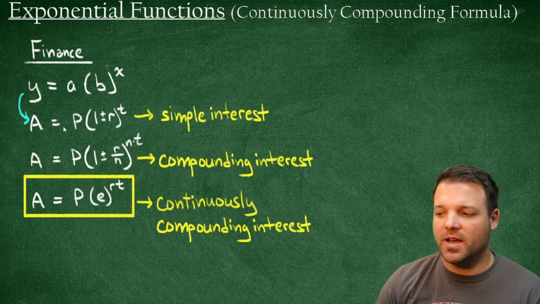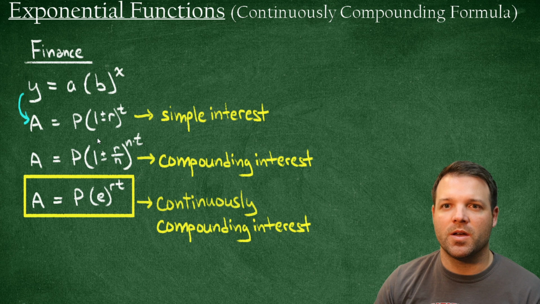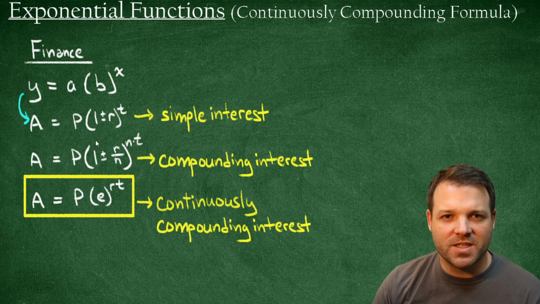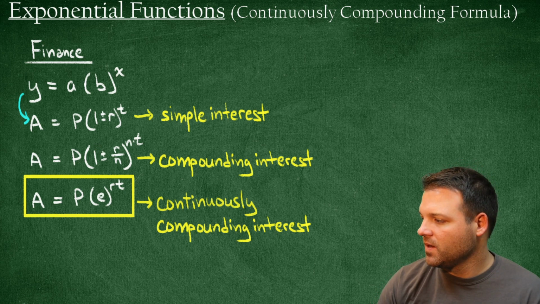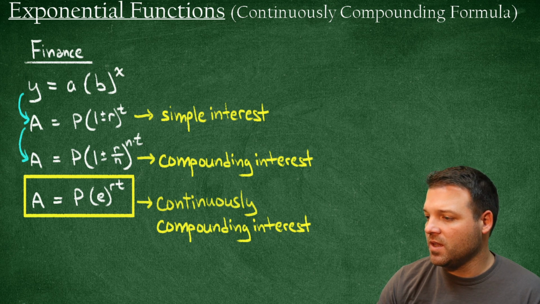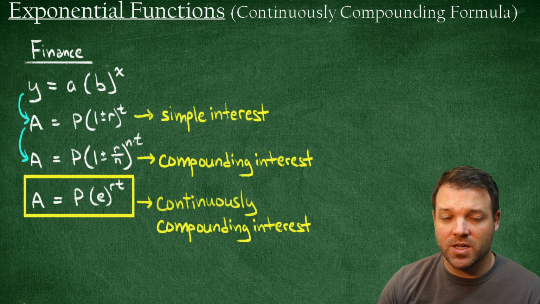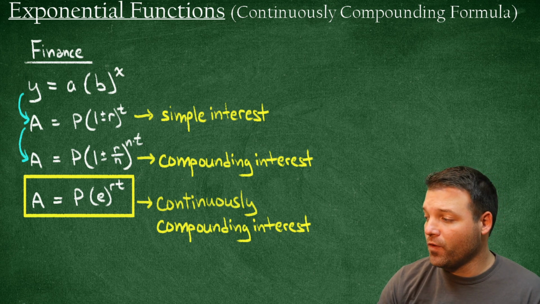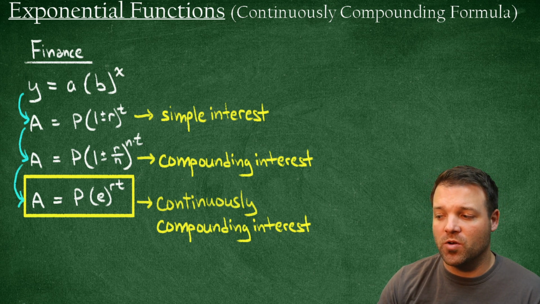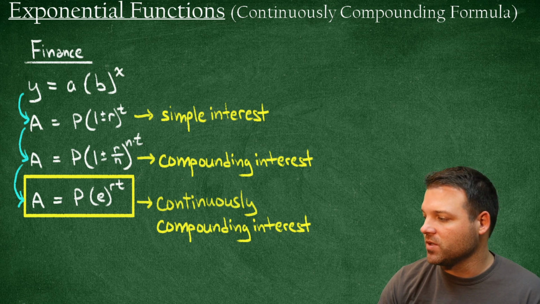It's just that now we're giving different variables to meet different specific situations. So we came up with our simple interest formula, and then we derived our compounding interest formula from that. And now from our compounding interest formula, we're going to come up with our continuously compounding formula.